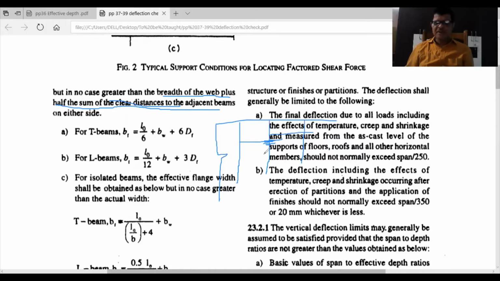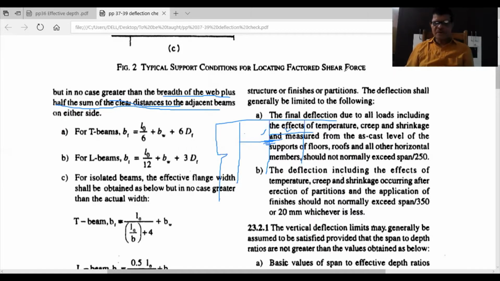If they are placed 3 meters center to center, you can take half of this side, 3 meters, and half of this side, 3 meters. Or if there are different spacings, then take half of this side and half of that side, and that is the maximum value of this flange width that can take part, which cannot be more than that.